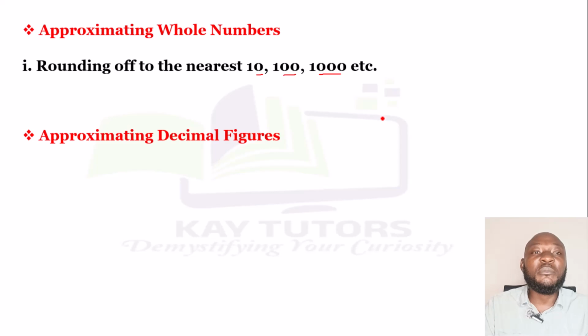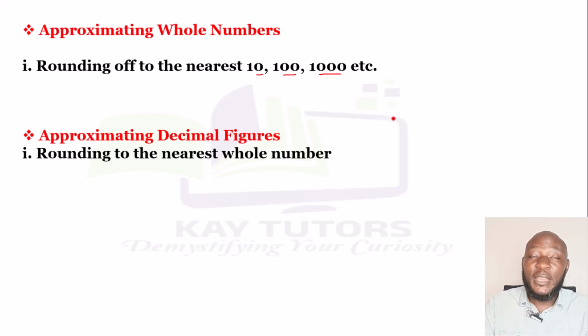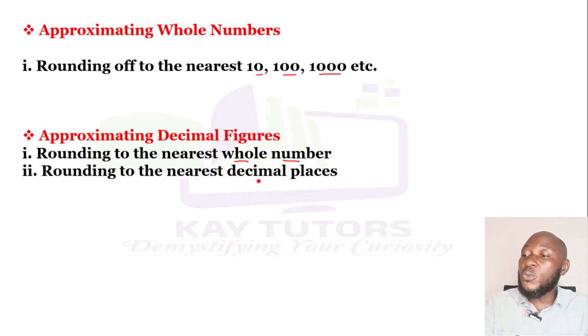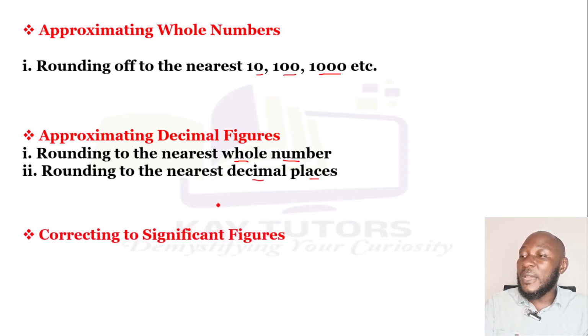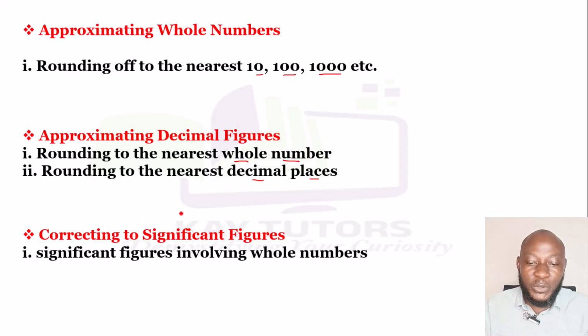We are going to be approximating decimal figures, rounding decimals to the nearest whole numbers, and also rounding decimals to the nearest decimal places. And next, we are going to be correcting to significant figures.